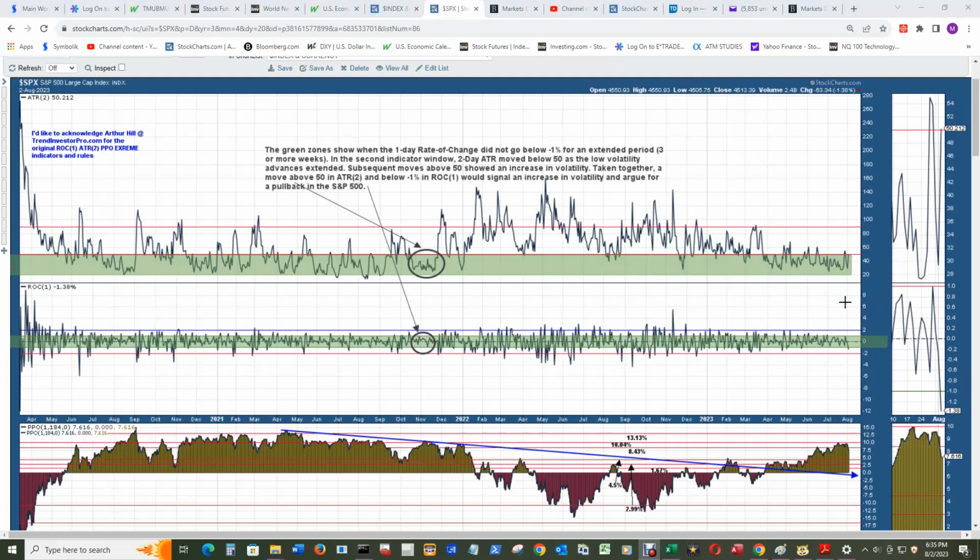Now the ATR2 is barely above 50 at 50.21, but nonetheless above 50, and the ROC 1 went under the -1 volatility line at -1.38. So go ahead and read this up here.